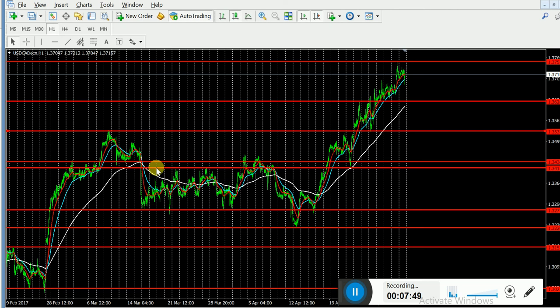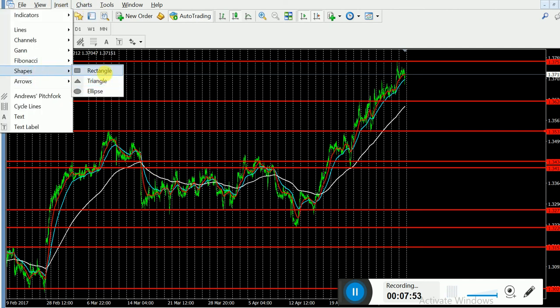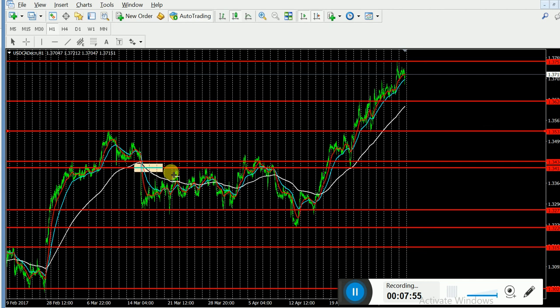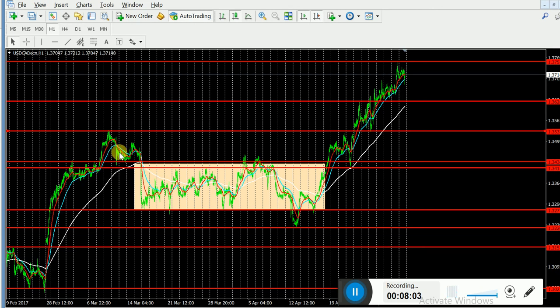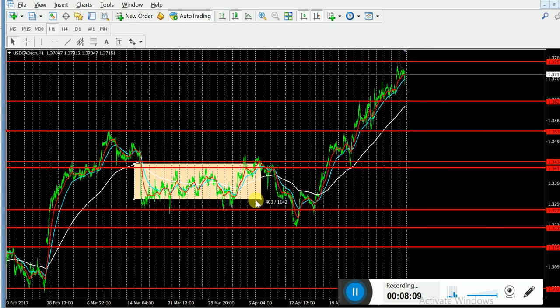Now when we're in tight like this, all of these moving averages are together, and price isn't really showing a move like right in here. That is what is considered to be consolidation.